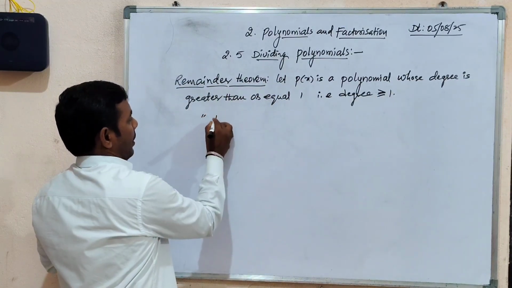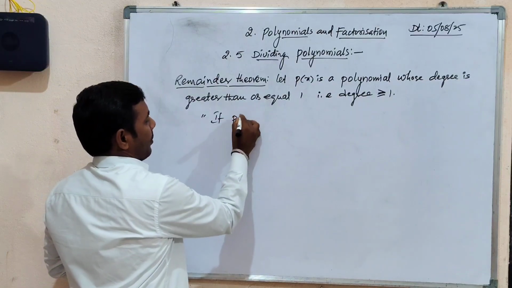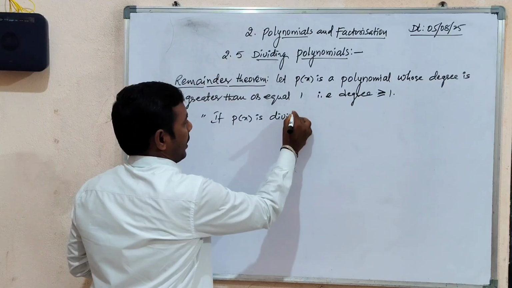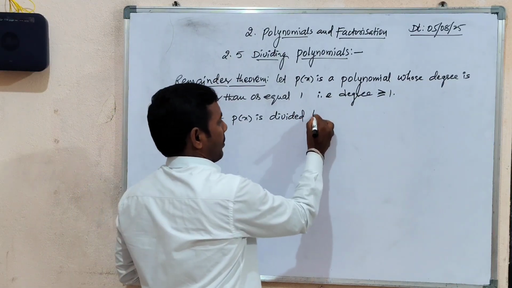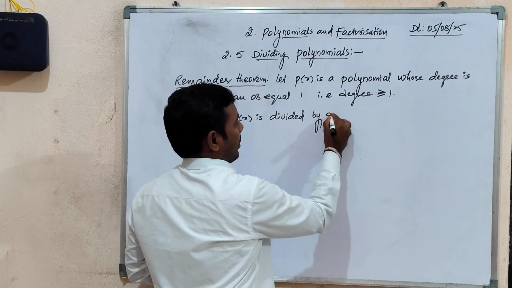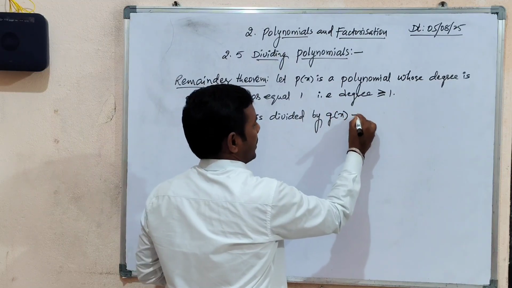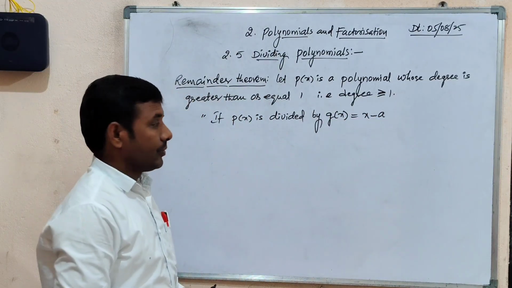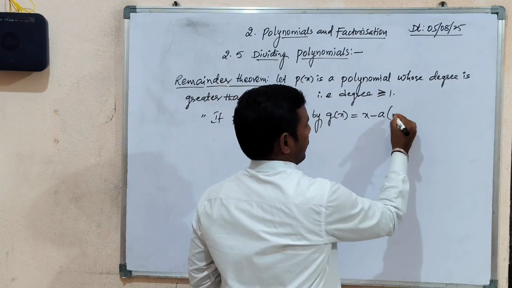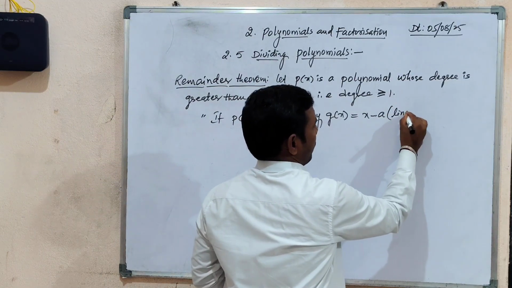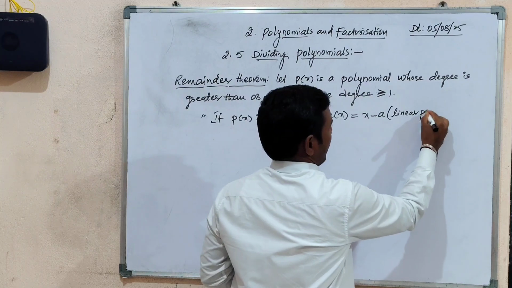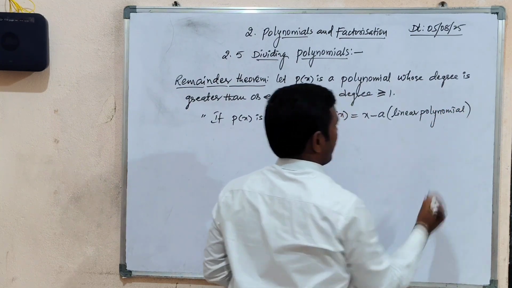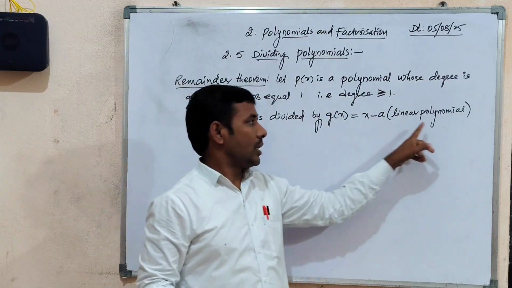Now, if P of x is divided by g of x, which is equal to x minus a, this is one of the linear polynomials. x minus a is a linear polynomial.